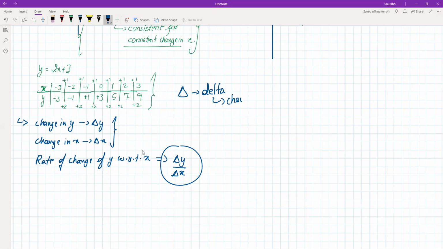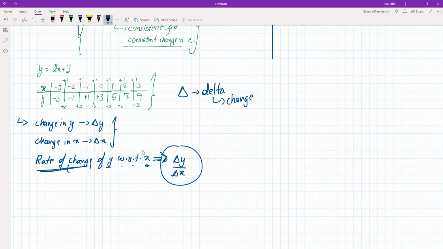So change in y. And we said that there is a rate of change. So rate of change means, as you can see here, there must be change. So rate of change of one quantity with respect to another quantity, say x, we will represent as delta y by delta x.